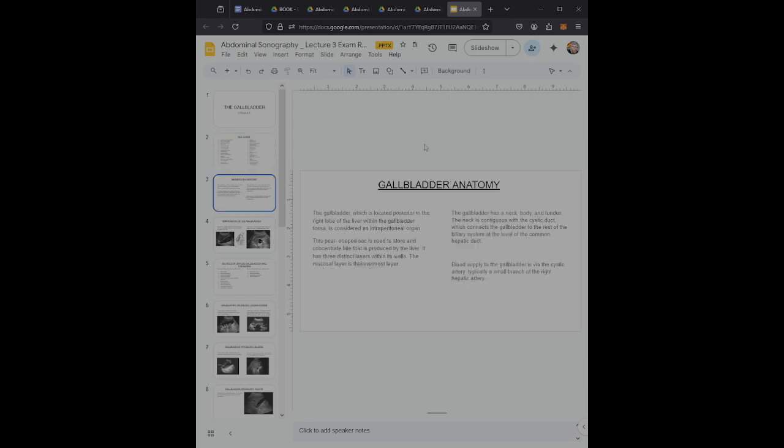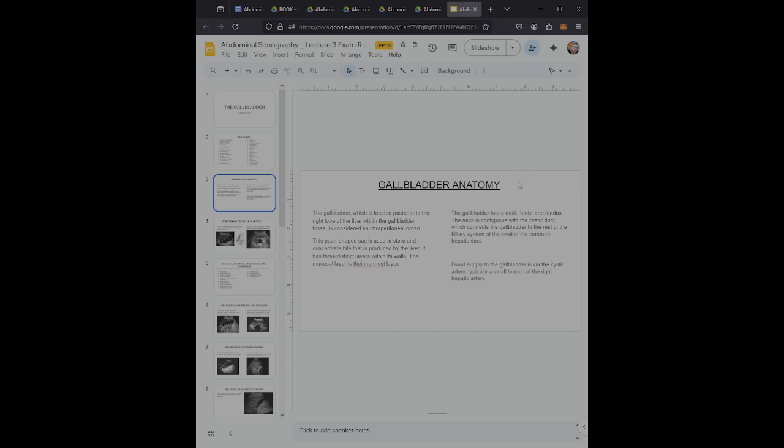So we can move on to gallbladder anatomy. Now the gallbladder is located posteriorly to the right lobe of the liver, and the specific pouch in which we find the gallbladder is what we call the gallbladder fossa, and the gallbladder is considered an intraperitoneal organ.